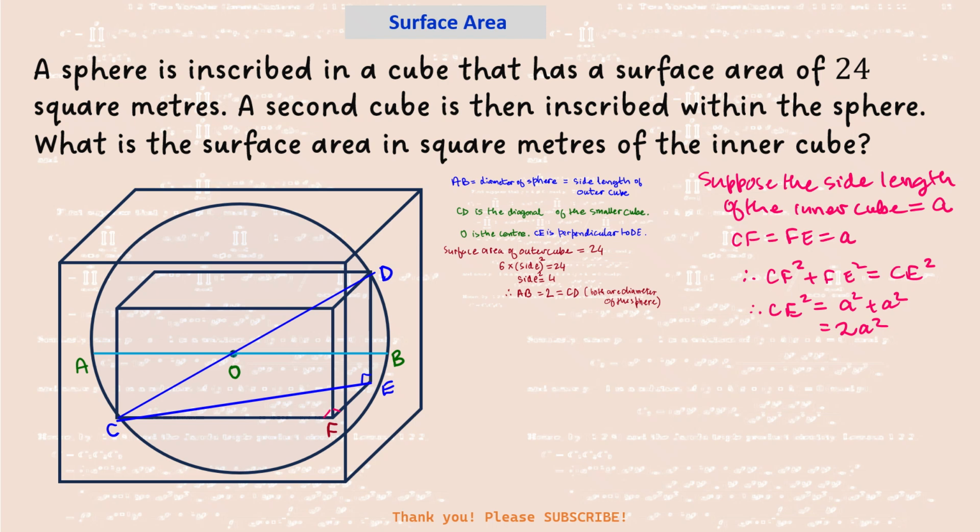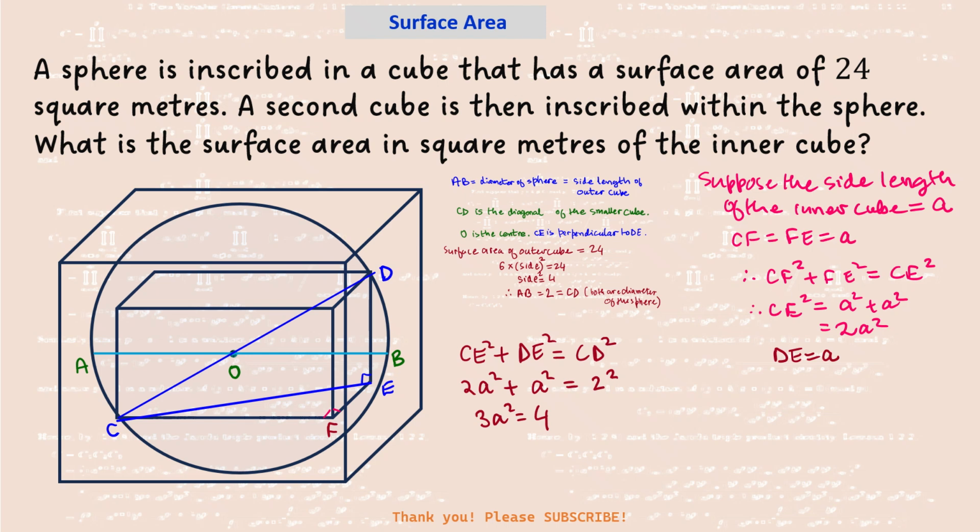Then we can write CE square would be equal to A square plus A square, so that's 2A square. And then DE is also equal to A, so then CE square plus DE square is equal to CD square, and therefore 2A square plus A square is 2 square, because we know CD is 2.